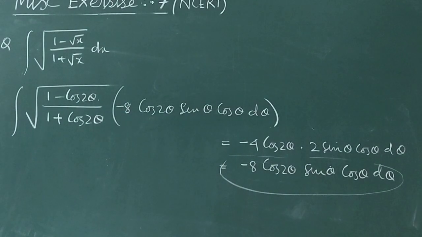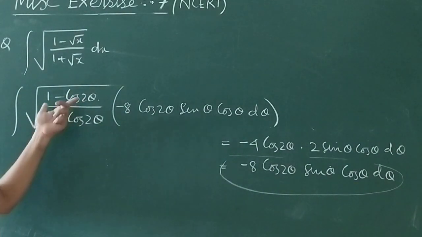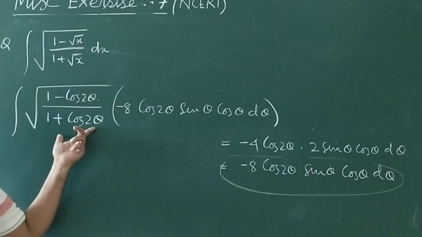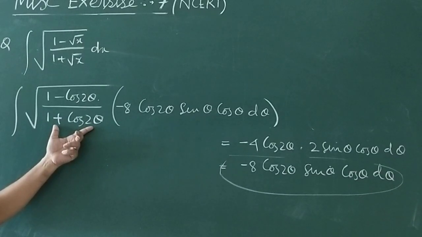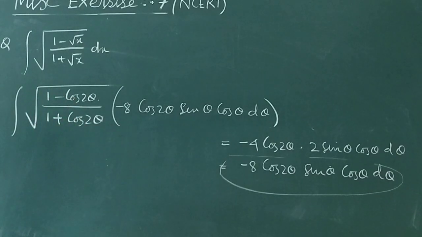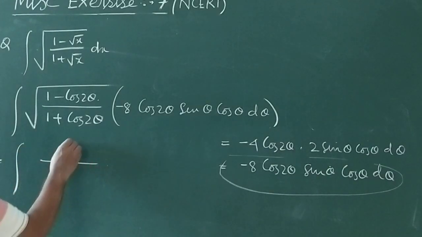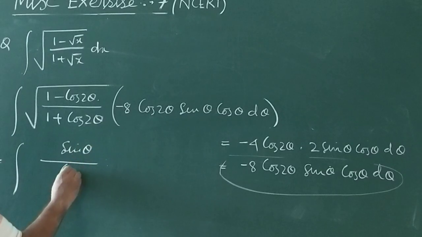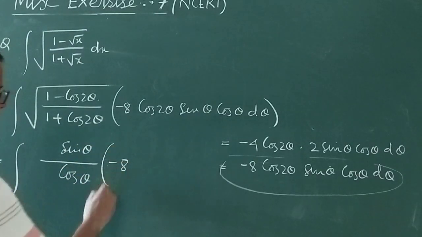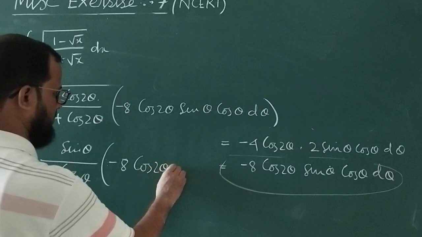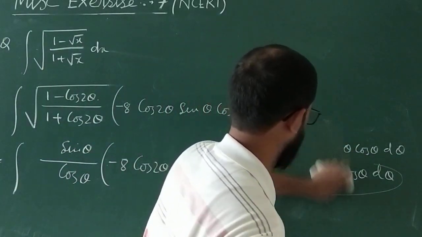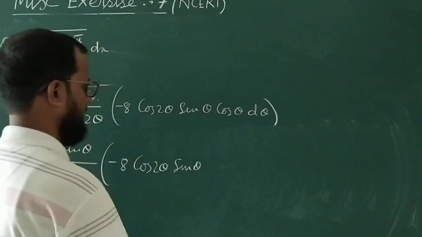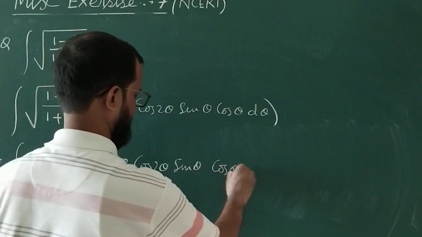Okay. Now if you reduce this integral, आप लोगों को इस टाइप का इंटीग्रल मैंने कराया था, it becomes 2 sin square theta over 2 cos square theta, 2 cancel, ultimately root of sin square theta by cos square theta equal to sin theta divided by cos theta, into minus 8 cos 2 theta sin theta into cos theta d theta.